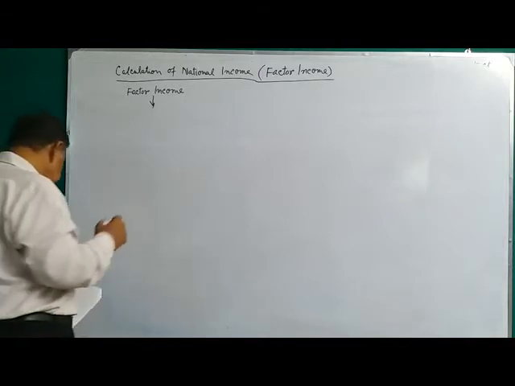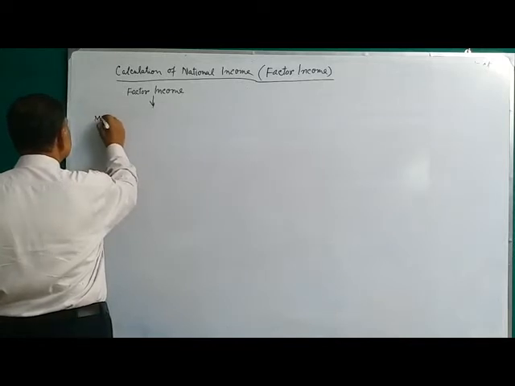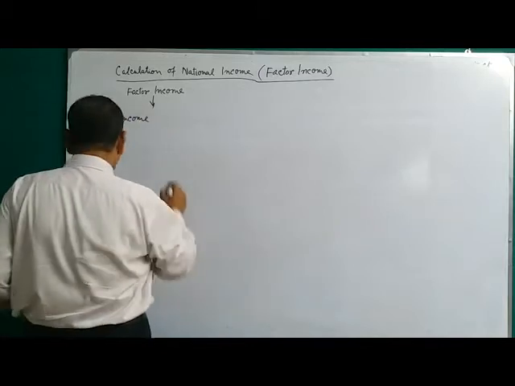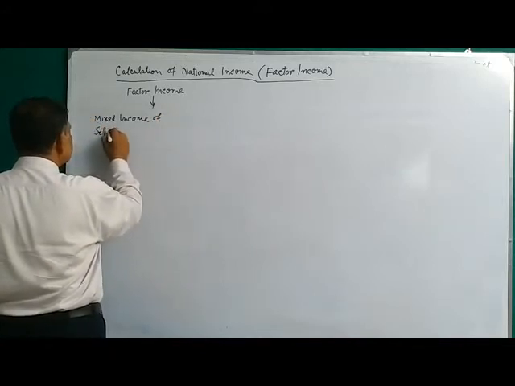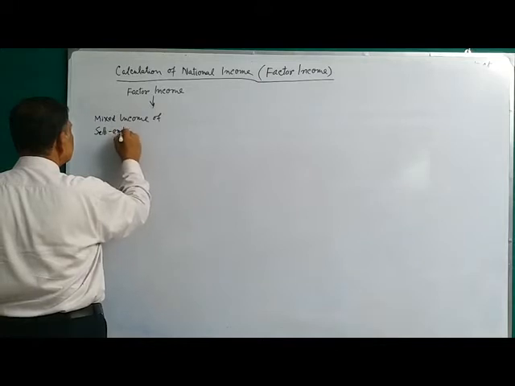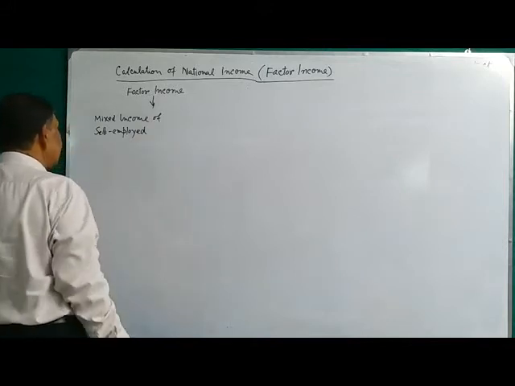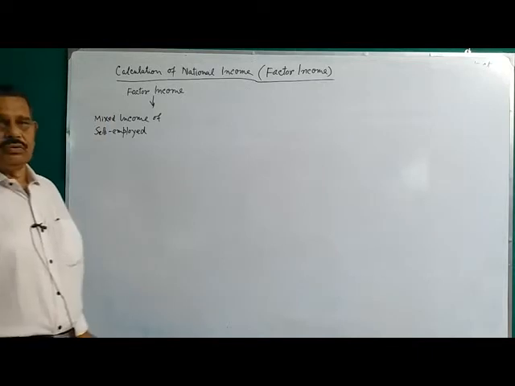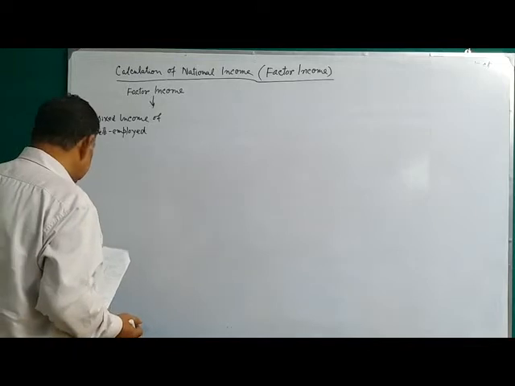Number 1, mixed income of self-employed persons. Sometimes people do their work by themselves, so this income must be included in the national income.